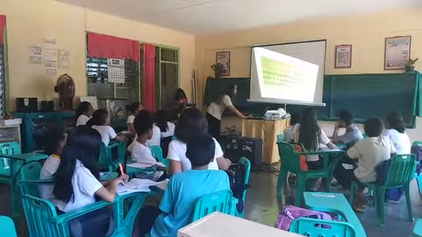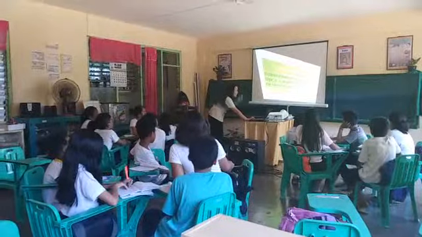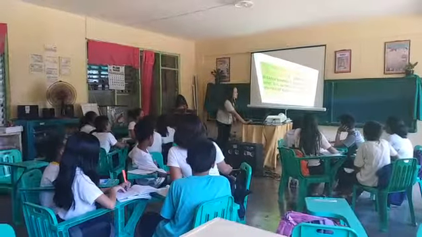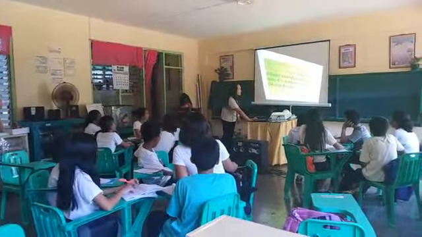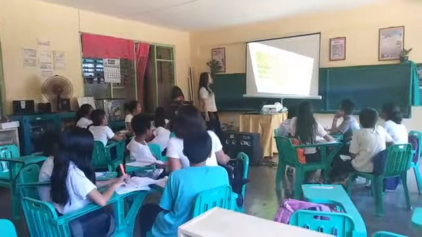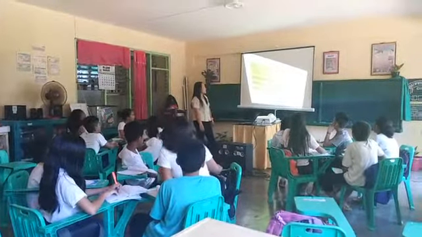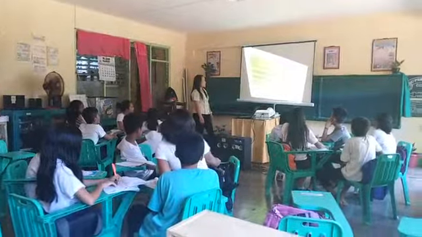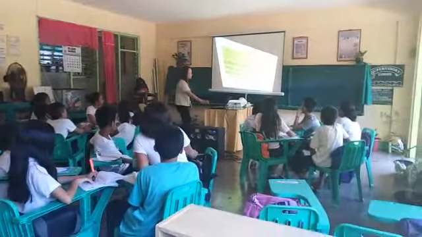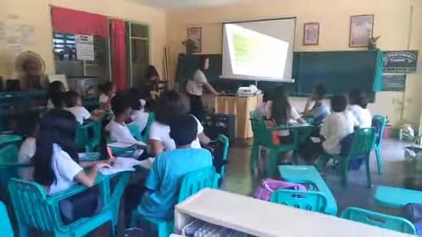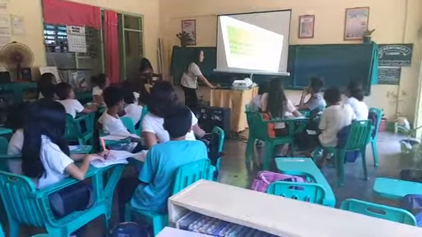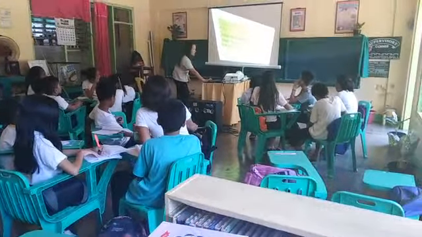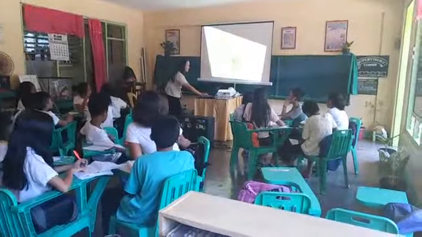And this is also the definition of the average speed. So average speed is the measure of the distance traveled in a given period of time. It is sometimes referred to as the ratio of distance and time. So the formula of average speed is distance over time.